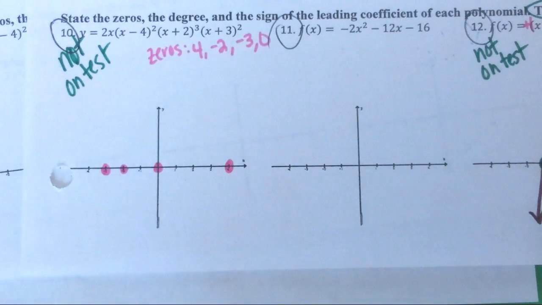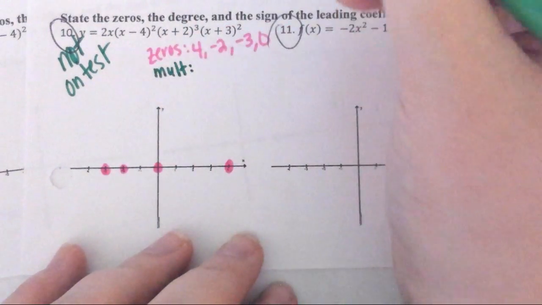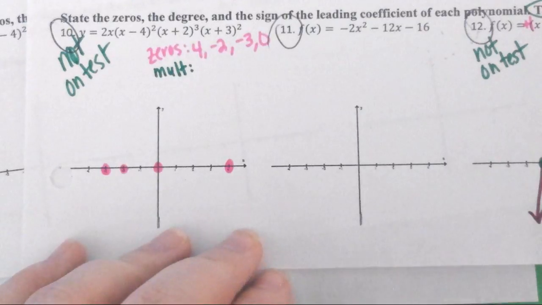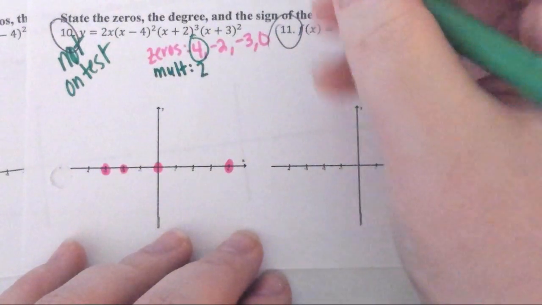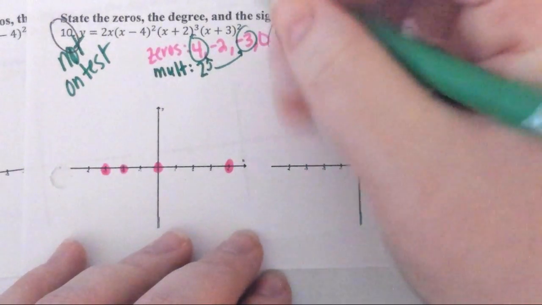Okay, before we move on to the next part of the list, are there any multiplicities I need to worry about? I see a multiplicity of 2 at what numbers? 4 and -3. Multiplicity of 2 at 4 and -3, and a multiplicity of 3 at -2.